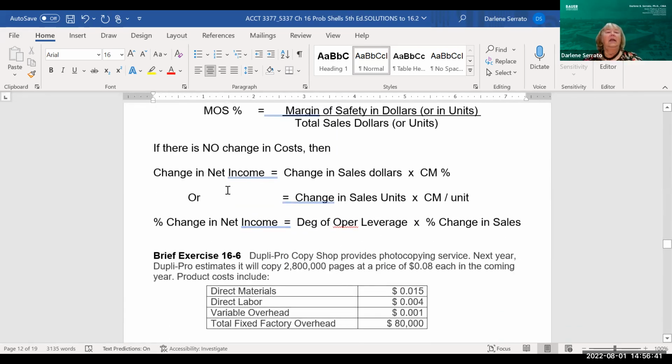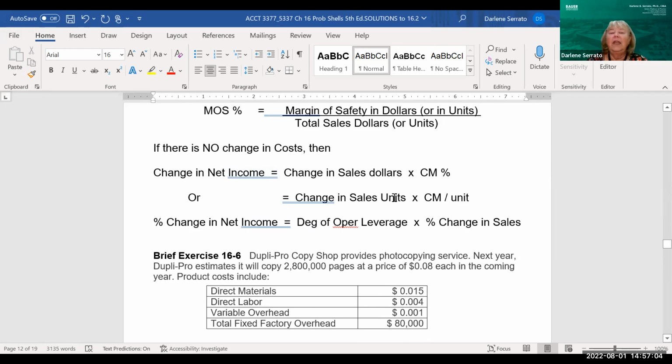Then here is another formula that you need to know that was not given to you in the PowerPoint. If there is no change in costs, then the change in net income is equal to the change in sales dollars times contribution margin percentage.